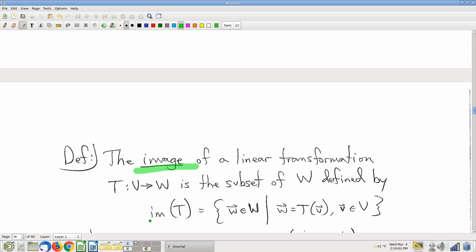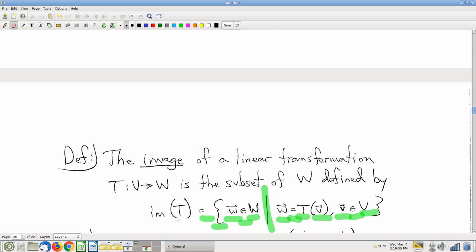This says the image of a function is the set of vectors in the target for which that vector actually is the value of the function for some vector which is in the domain. So this bluntly says the image is the set of output vectors that actually come out of the function from an actual input vector.